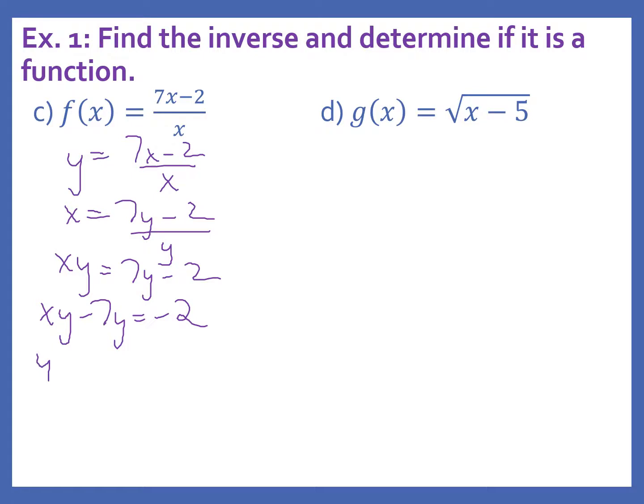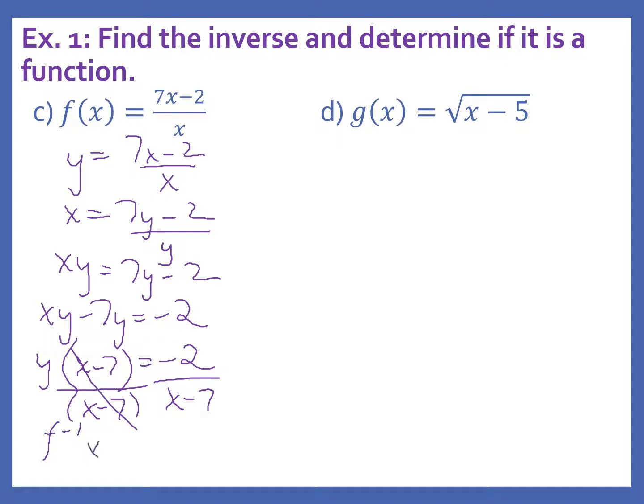Common factor out of y. Divide both sides by x minus 7. You're left with f inverse of x equals negative 2 over x minus 7.